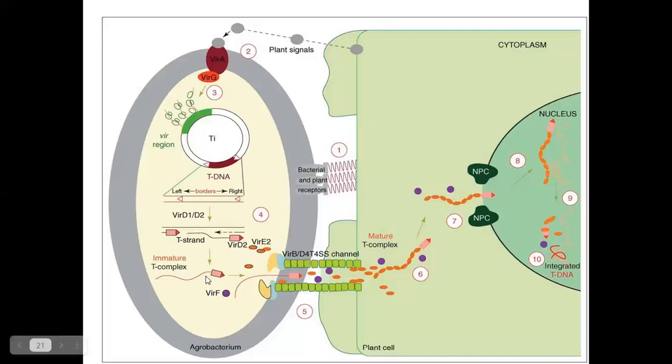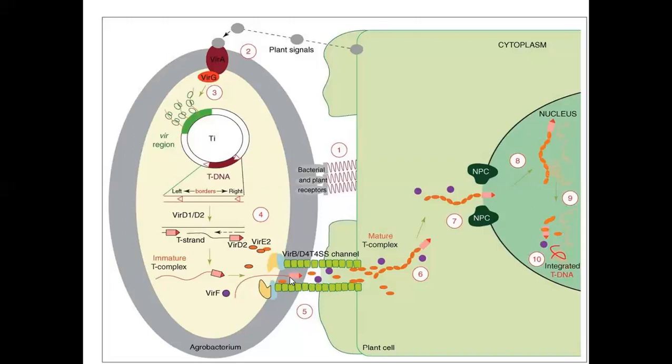The activated target mRNAs enter into plant cells through channels. The channels are made by chemicals. In this process, virulent B, virulent D4, and virulent T4SS help in the formation of a channel between Agrobacterium and target plant cells.